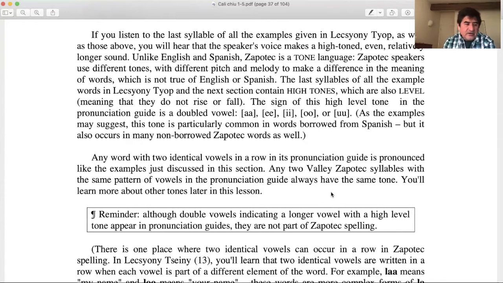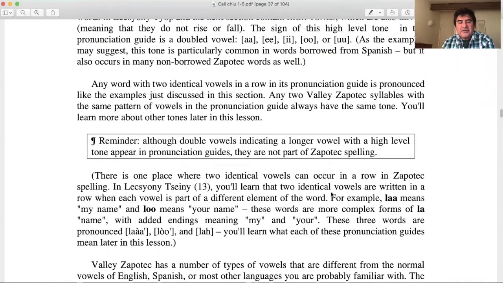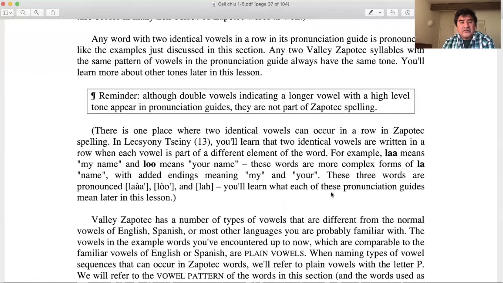Those are what we call plain vowels or modal vowels, which are represented with a P, the high tones. Just remember that for now, although it's going to change later, we don't write two vowels in our simplified orthography, although later on you'll see a word with two vowels together.